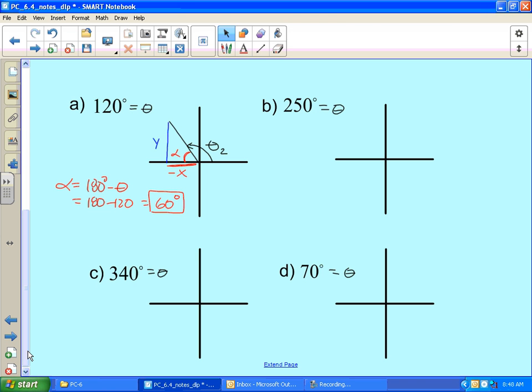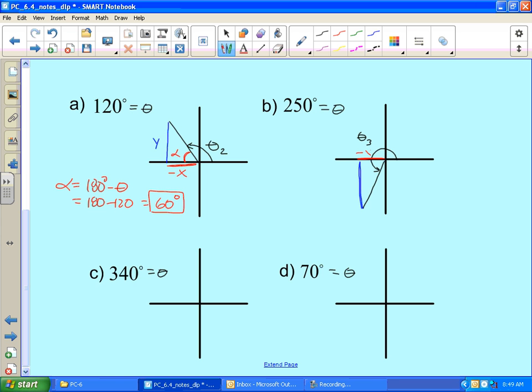What about the next one, 250? Well, that's in the third quadrant. So now we're somewhere down here. Again, we've turned an angle theta, and we're in quadrant 3, so I'm going to call that theta 3. What's the triangle that results? This one. It's real tempting to want to draw our triangle to the y-axis, but by definition, a reference angle is an acute angle from the x-axis.